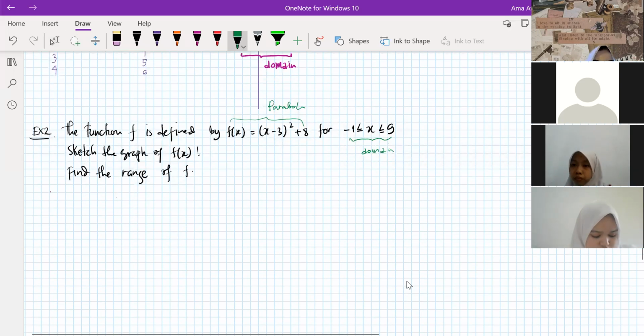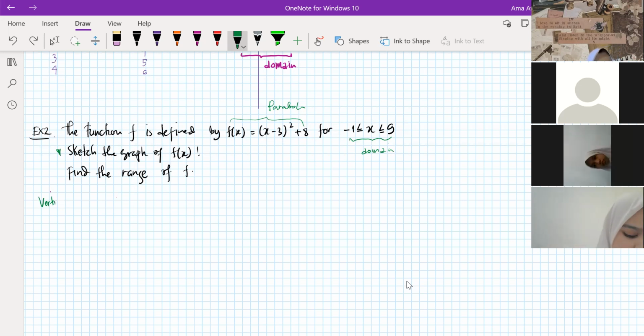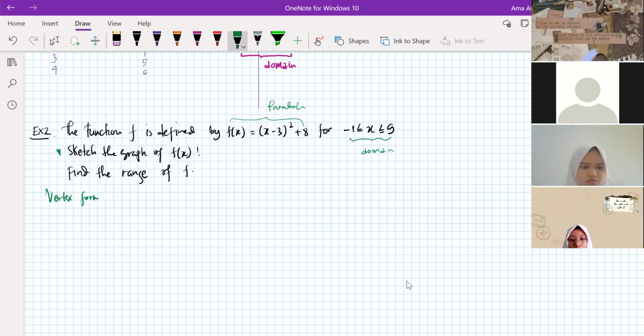So first of all, the question asks to sketch the graph. We figure out our parabola is in vertex form, not vertical, sorry, vertex form.